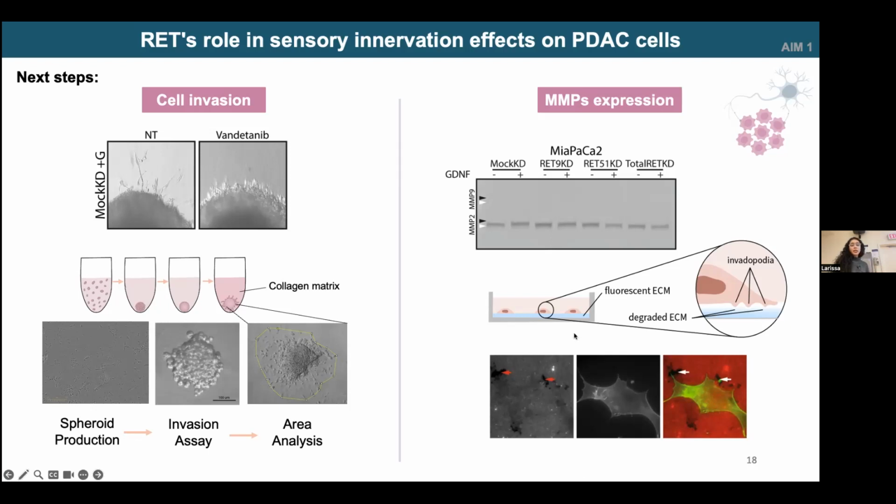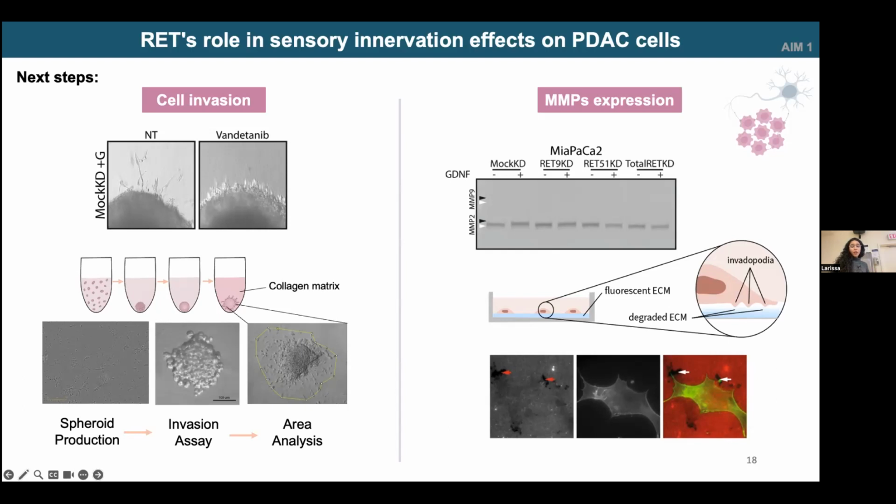Following that, since metalloproteinases are also key contributors to matrix degradation, which is an important mechanism for cell invasion and tumor progression, we'll evaluate MMP2 and MMP9 activity in response to the same conditions after DRG conditioned media treatment and after artemin treatment.